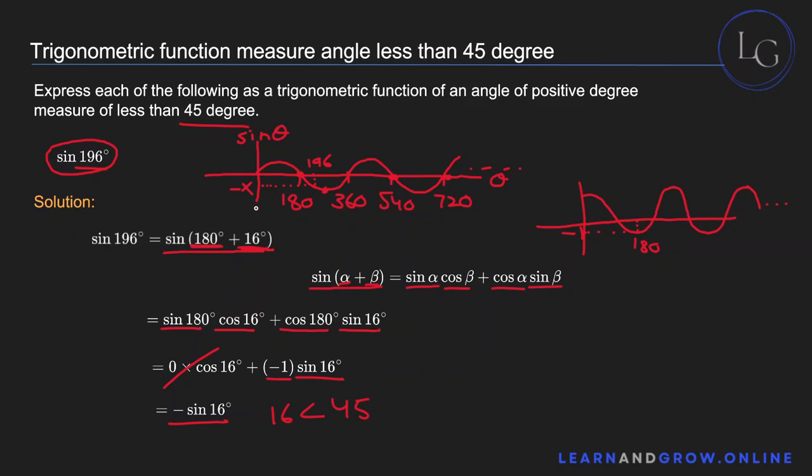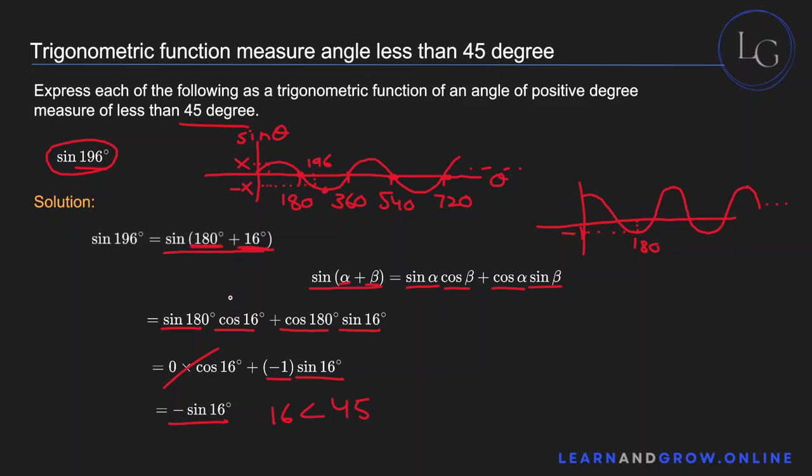And basically, sine 16 is over here, right? And that is exactly the same length as negative x from the 0th position, except it's on the positive y-axis, right? So this is x.